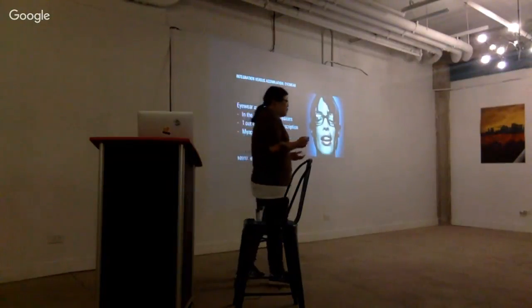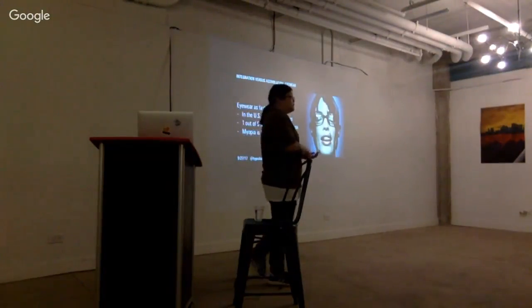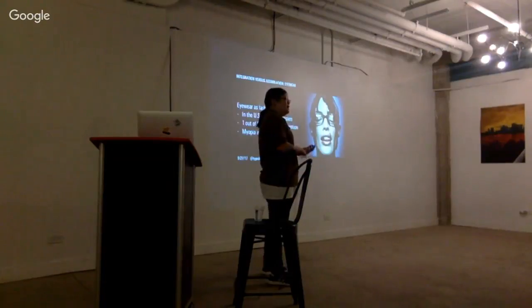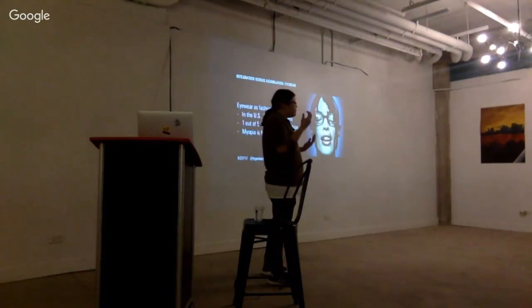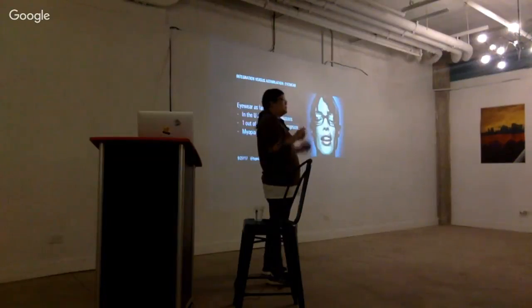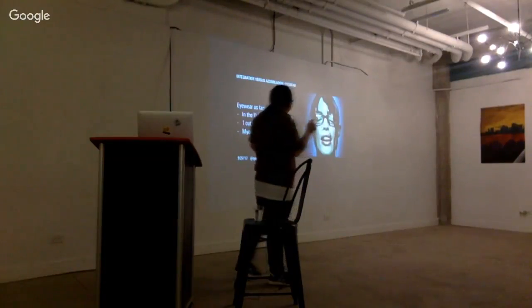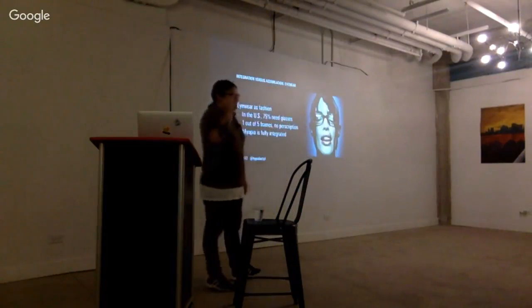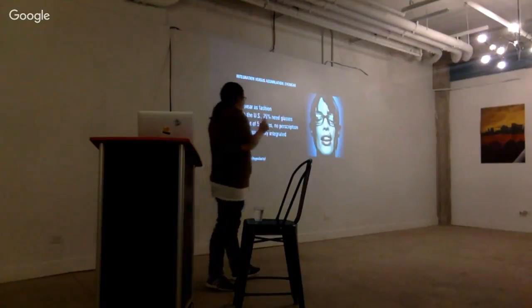It's to the point now where 1 out of 5 pairs of prescription eye frames do not have prescriptions in them. 75% of the US needs some form of corrective lens, whether it's contact lenses or bifocals or even just the negative positive adjusters you could buy for reading at a grocery store. 75% of us need something like that.